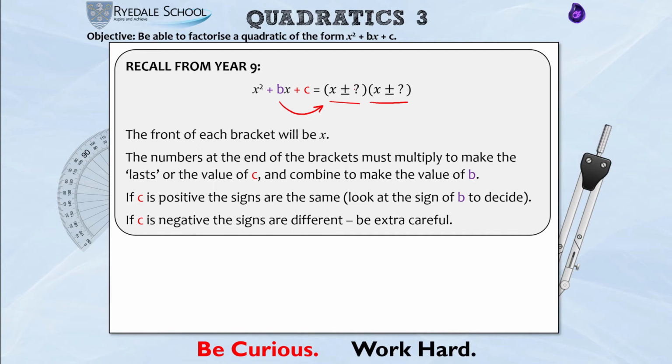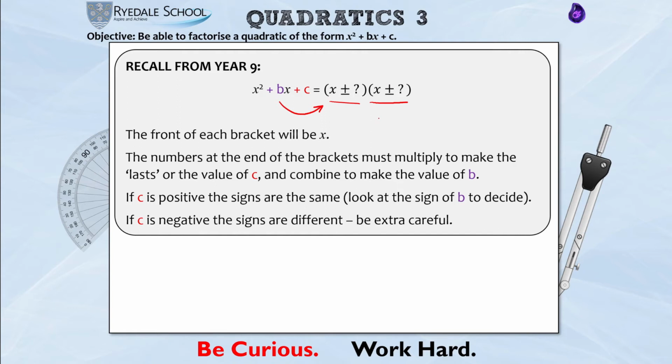We also knew that the numbers that we chose had to somehow combine to make the coefficient of x, this number b. And then we also had some rules about the signs, or whether it was a plus or a minus in these brackets.